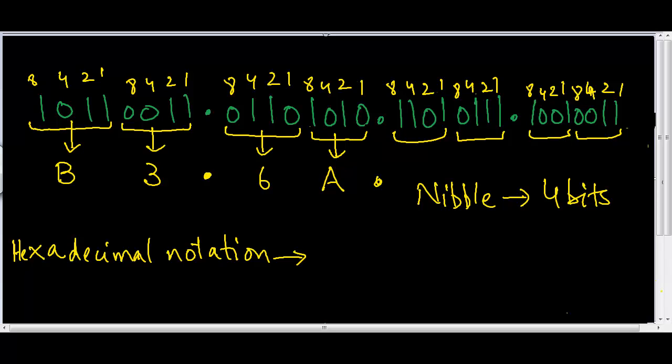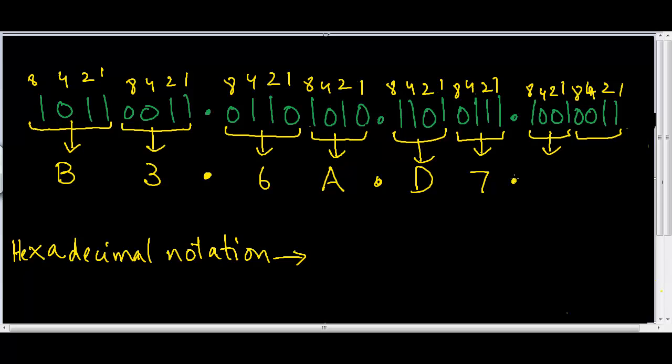This equals 13, and 13 equals D in hexadecimal. This would be 7, this would be 9, and this would be 3.